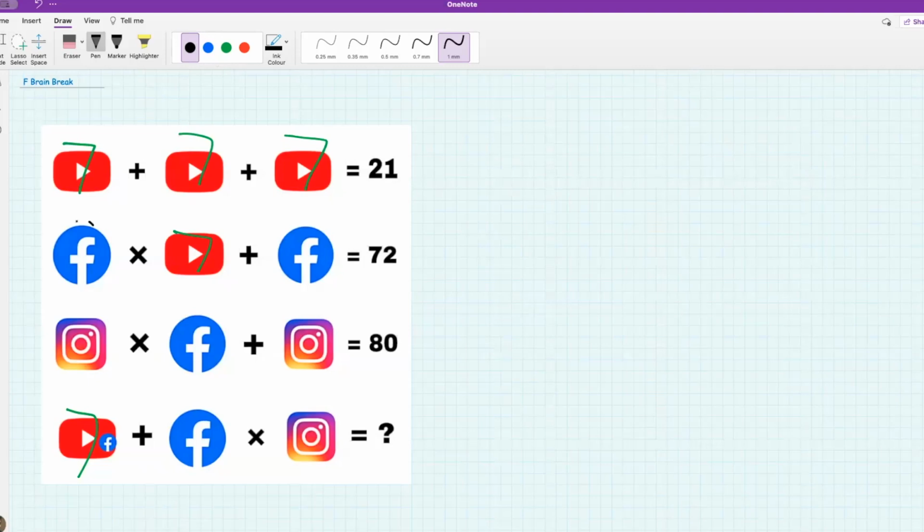Yes, okay, so that's 9. Okay, what about Instagram? Now, BODMAS is involved, so be careful here. What's that going to be? Sometimes subbing in values helps. So 10 would be too big, because 10 times 9 is 90. What about 9 times 9? No, that's too big as well. So Instagram is going to be 8, according to Naledi. 8 times 9 is 72, plus 8 is 80.